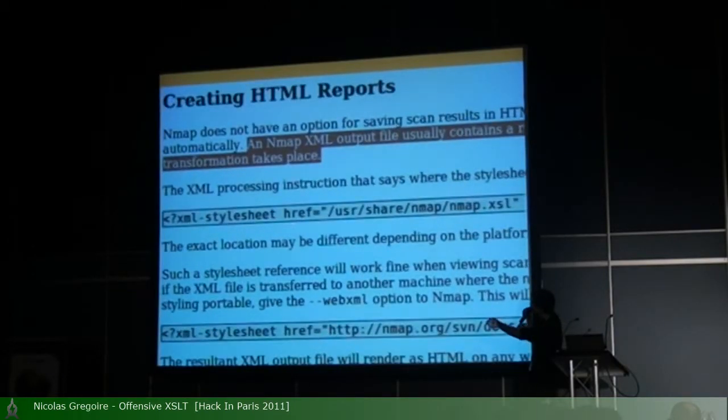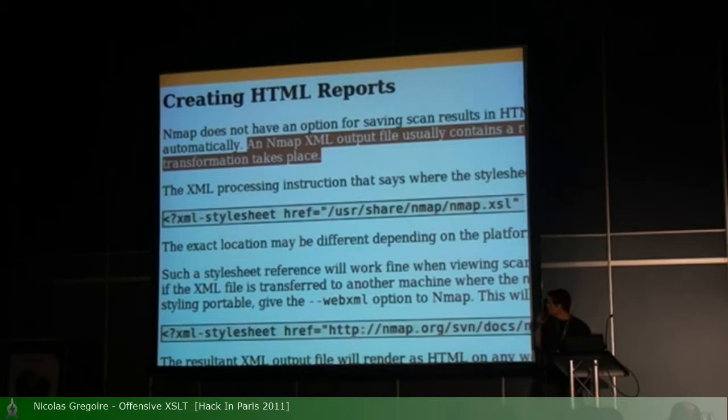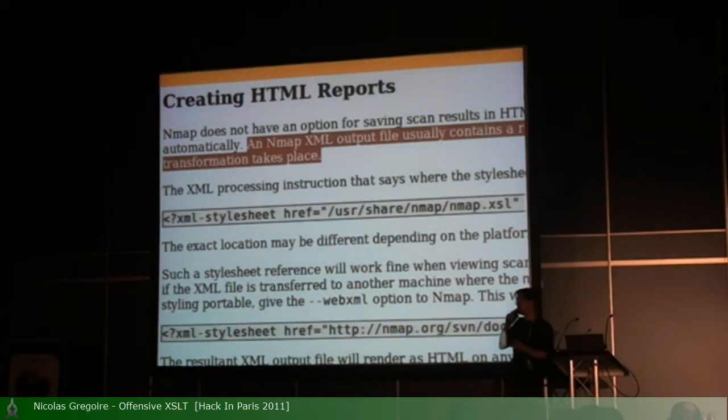So that's an extract from the Nmap documentation. The important part is this one. We have this kind of tag, which is a processing instruction, and which will tell the engine to start a transformation using this file as a transformation code.